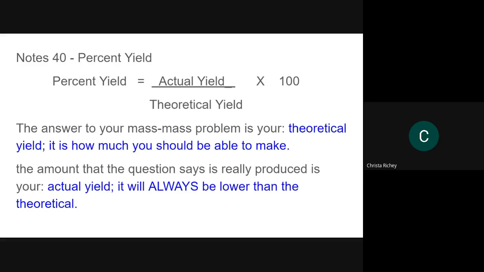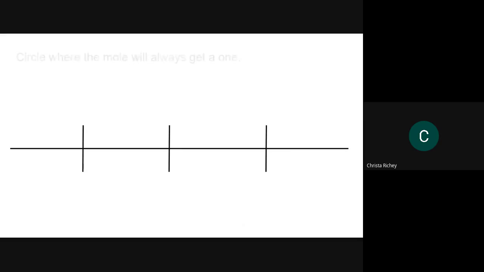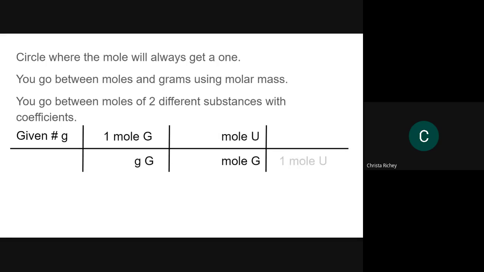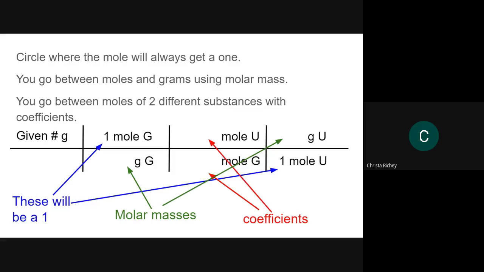The answer to the mass is the theoretical yield. How to go between moles and grams, which is mass, is using a molar mass, which is the periodic table. To go between moles of different substances, you use the coefficients from the balanced equation.